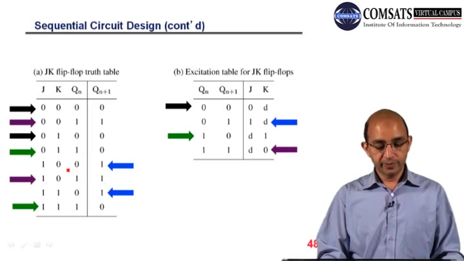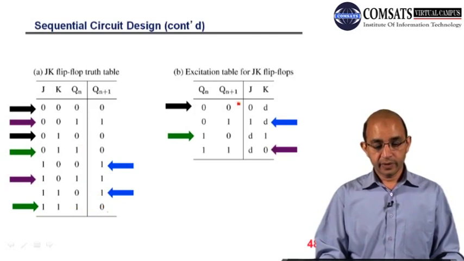So it means that we have next state 1 in both cases. And if we have 1 1 and the present state or current state is 0, it has to toggle, next state is 1, and if the current state is 1, we have 0. So there is a toggle.